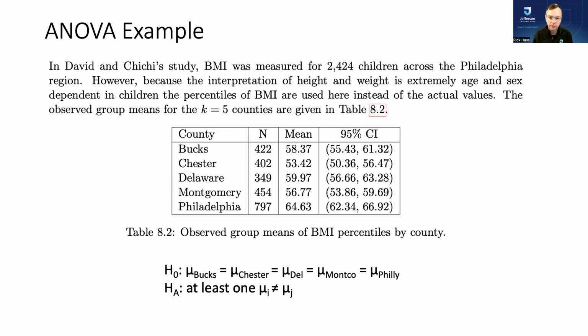To make this a little bit fairer, all of the BMI values are converted to percentiles. So here's the average BMI percentile with a 95% confidence interval for Bucks County, Chester, Delaware, Montgomery, and Philadelphia. Note they all have slightly different sample sizes. There are more children from Philly.